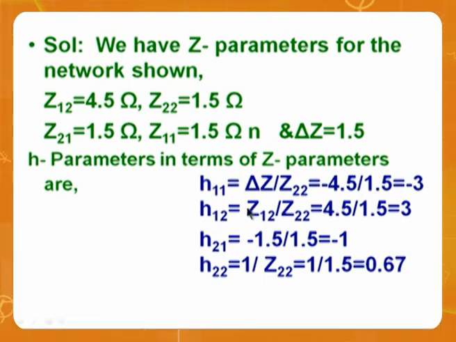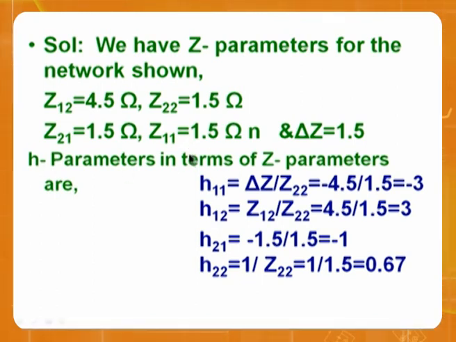Actually, instead of doing it like this, you can also write V1 is equal to Z11, for example 1.5 into I1 plus 4.5 into I2, V2 is equal to 1.5 into I1 plus 1.5 into I2. You make the equations from Z parameters and adjust the equations according to our H parameters.